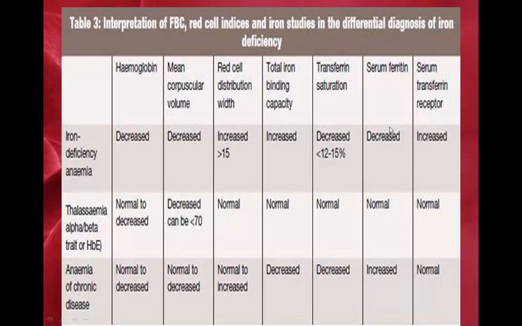Ferritin, which is storage, would be decreased in iron deficiency anemia and normal in thalassemia, as well as any receptor would be affected, but not in thalassemia. Okay, and everything will be kind of normal in anemia of chronic diseases, which is normocytic, normochromic. You have normal MCV and normal color.